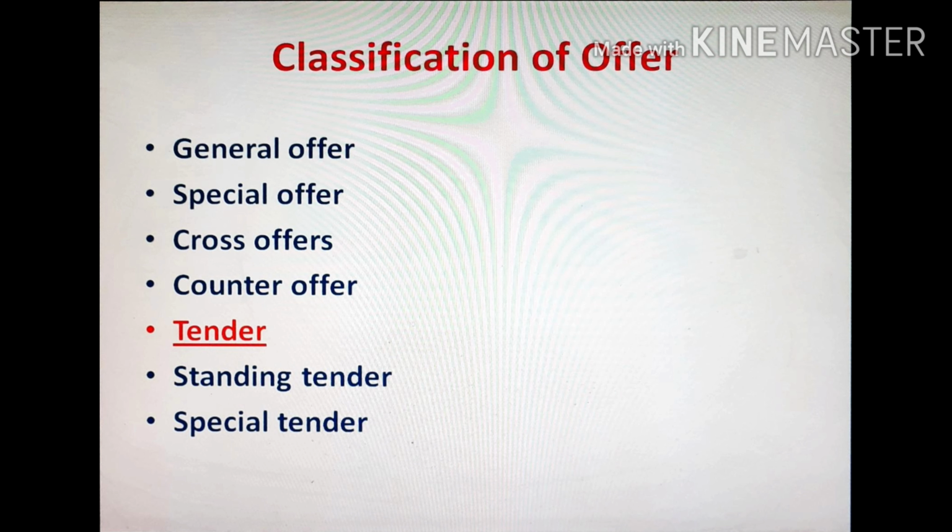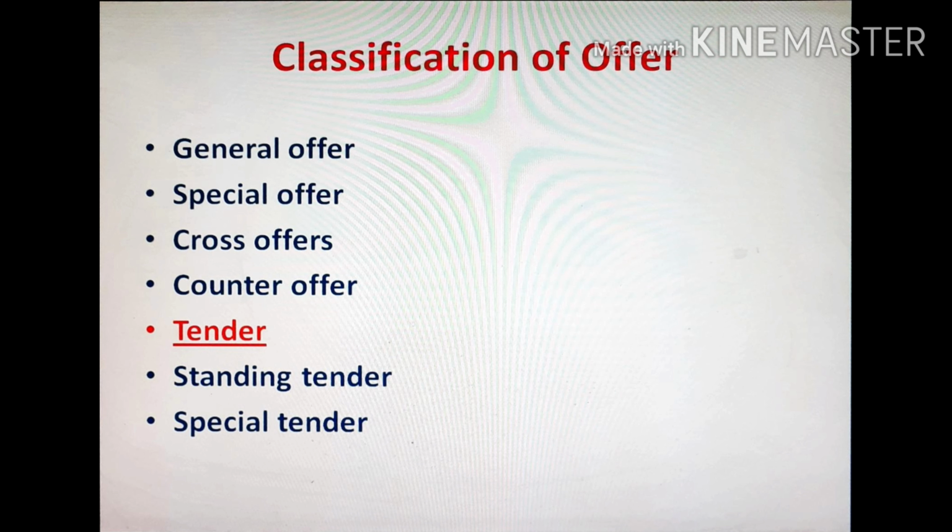The name itself indicates that an offer made to the public at large is called a general offer, to which anyone can give their consent either through implied actions or with expressed assent. That is called a general offer. It is valid in the eyes of law to bind parties with a contractual relation.